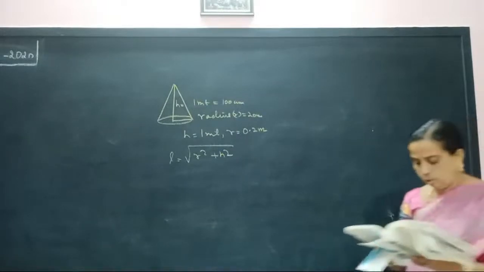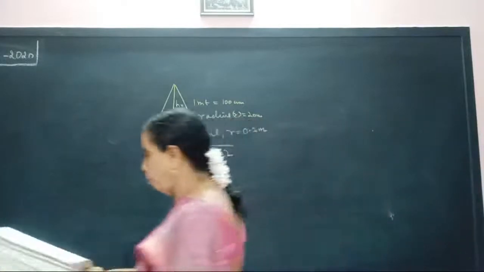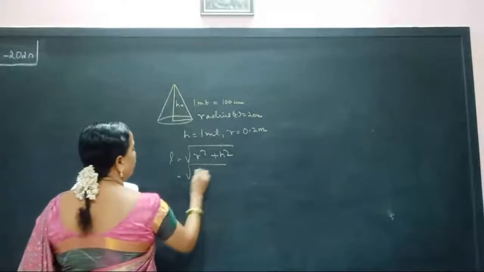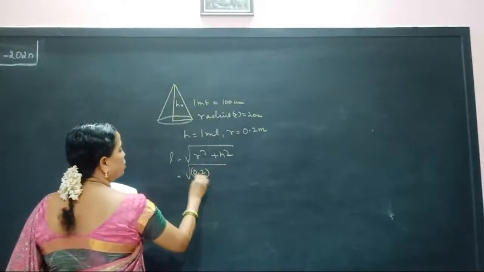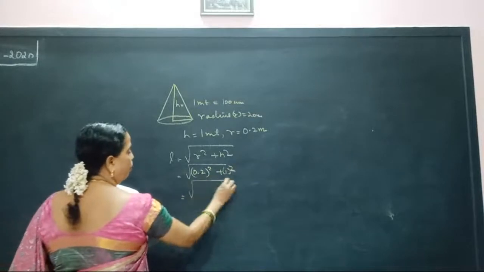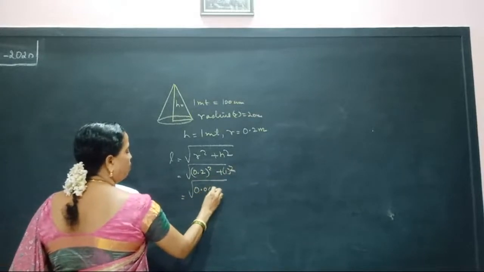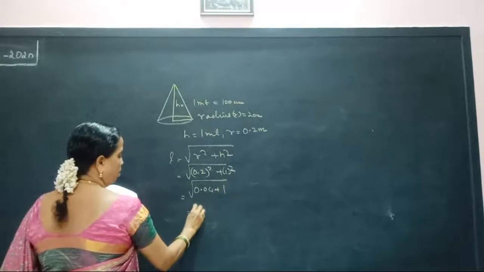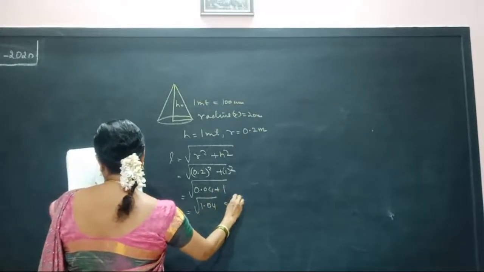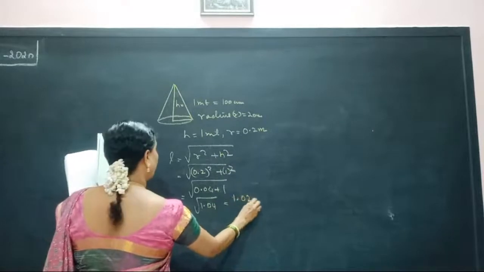That is root of 1.04 is 1.02. That is root of 0.2 whole square plus 1 whole square. It is 0.04 plus 1. 1.04 value it is given 1.02.